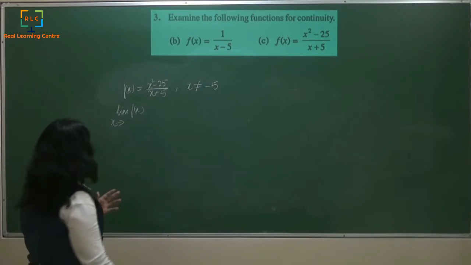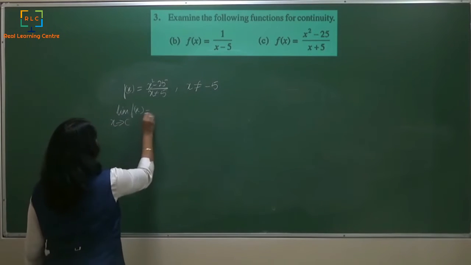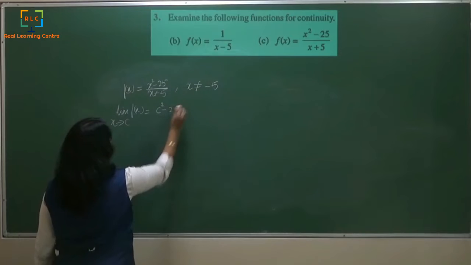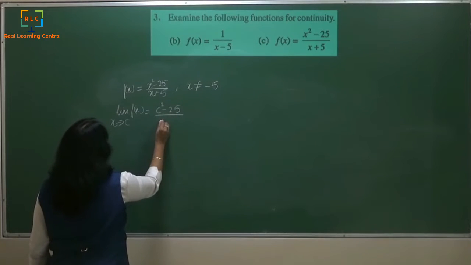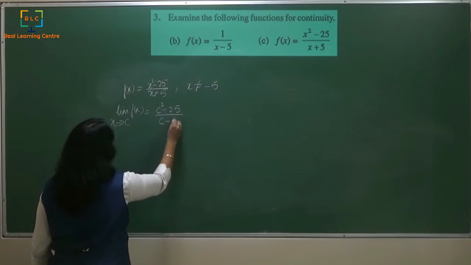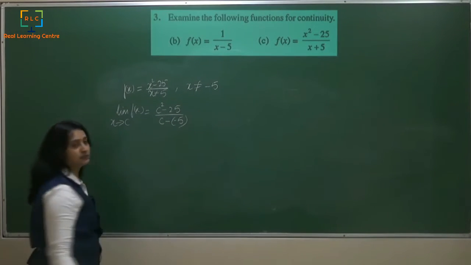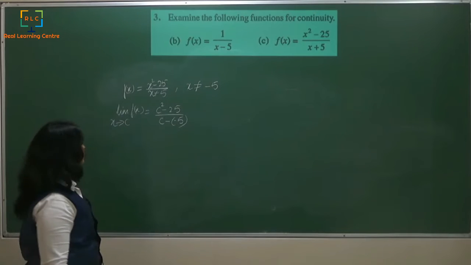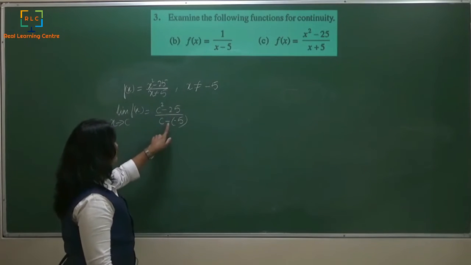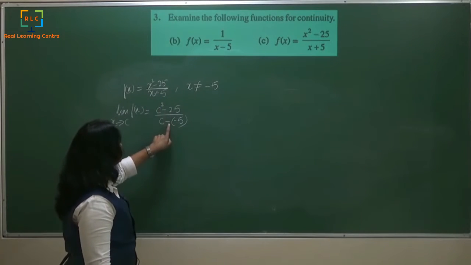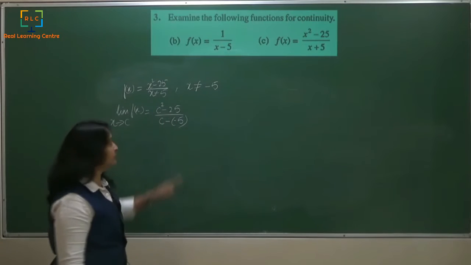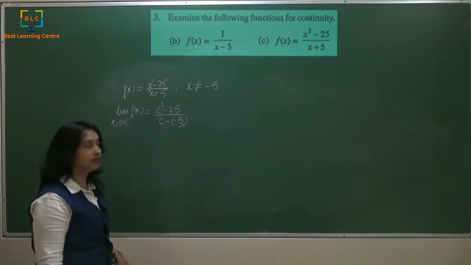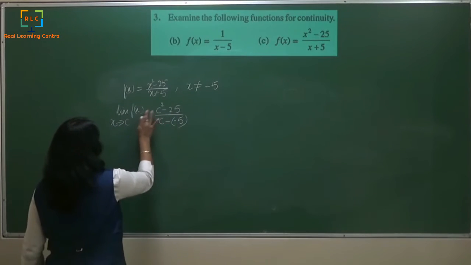Again I'll say some number c, as x tends to c will be equal to c square minus 25 divided by c minus of minus 5. Can I write like this? So it will be c square minus 25 divided by c minus of minus 5, and this 25 I can write as 5 square. Okay, I made a mistake here, I forgot to write the limits.